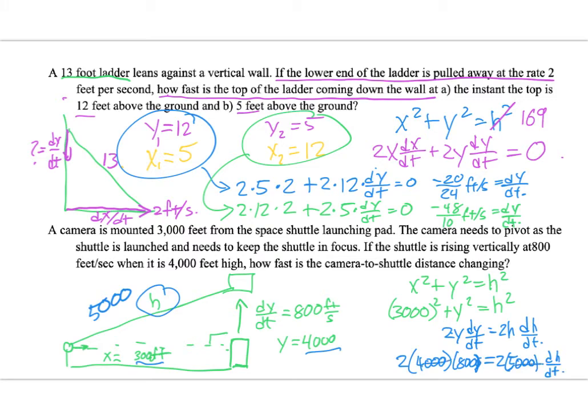Doing some elimination of stuff, we got 3,200 is equal to 5 times dh/dt. I'm going to write that up here. So solving that, we end up getting 3,200 over 5 feet per second is equal to dh/dt.